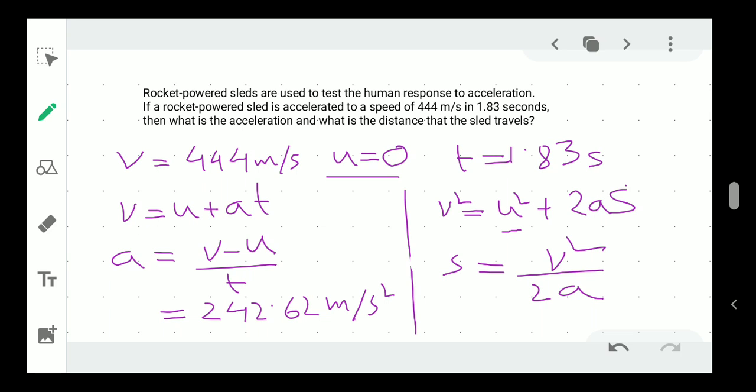So if we just put the values in the formula and divide, the result will come to 406.2, and I'm taking it again up to 2 digits, and meter is the unit.